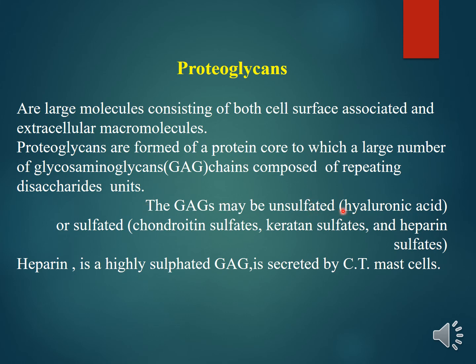They may be unsulfated or sulfated. The unsulfated type is hyaluronic acid, and the sulfated types are chondroitin sulfate, keratan sulfate, and heparan sulfate. Heparin is a highly sulfated glycosaminoglycan secreted by connective tissue mast cells.